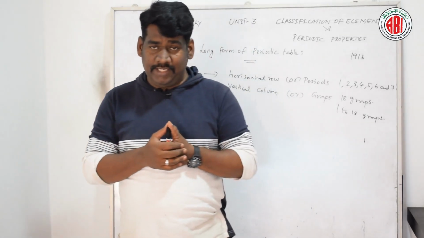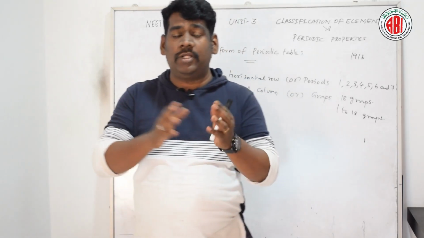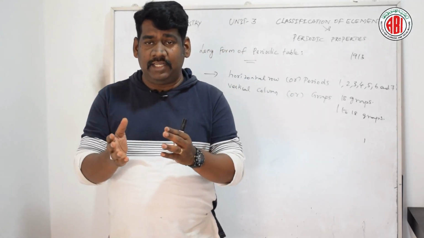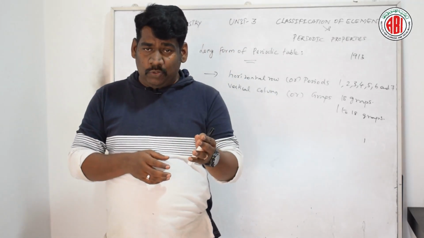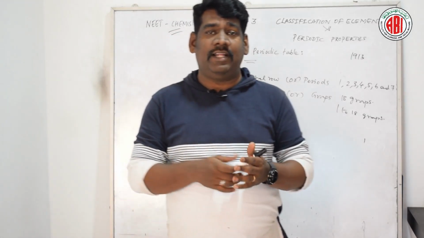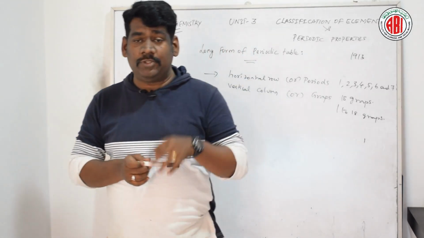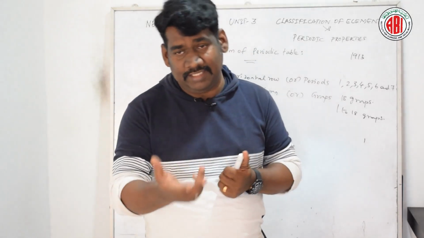Thus, the period number indicates the value of n for the outermost or valence shell of the atom of the element, in the higher principal energy levels: n equal to 1, n equal to 2, n equal to 3, etc.